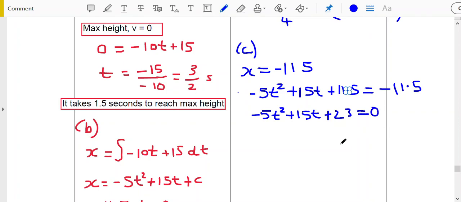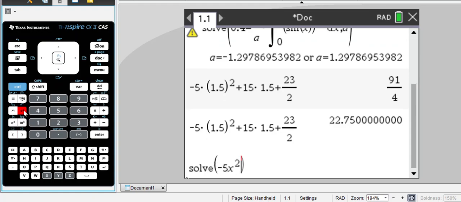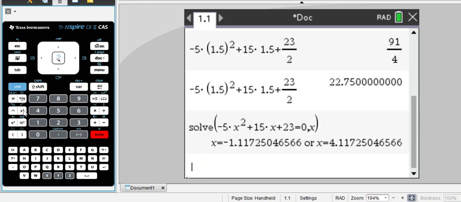Okay, so I can solve this quadratic on my calculator. So solve negative 5x squared plus 15x plus 23 equals 0, comma x. We'll get some decimal numbers there. So we've got two answers.